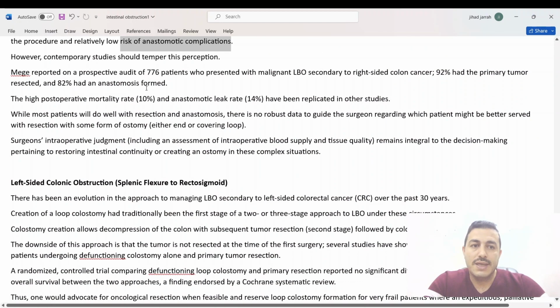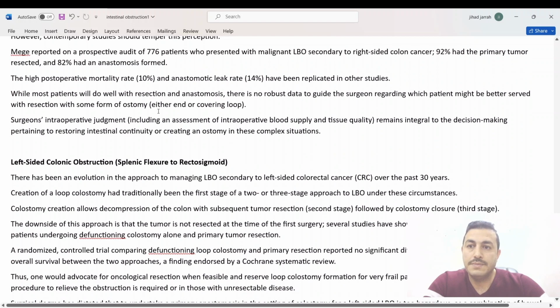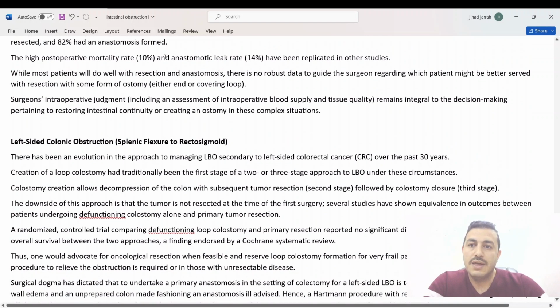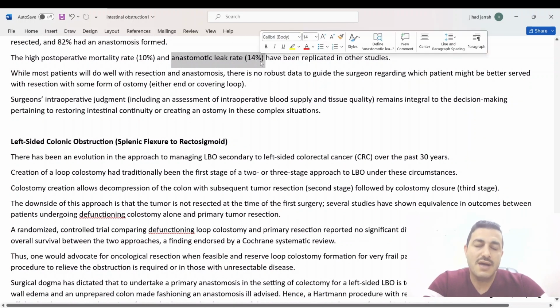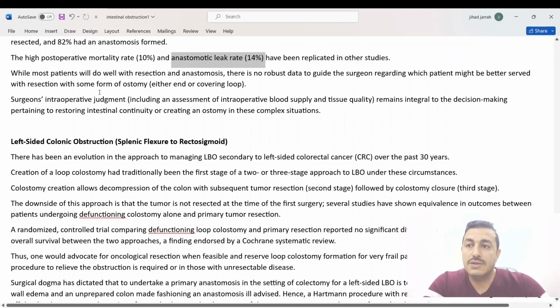Okay, what else we can add? The anastomotic leak rate is 14. This is higher than elective surgery, but it's lower than for left-sided tumor.